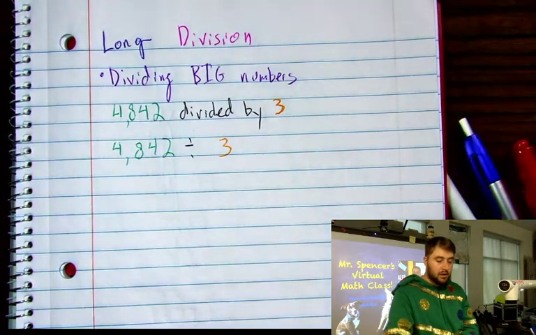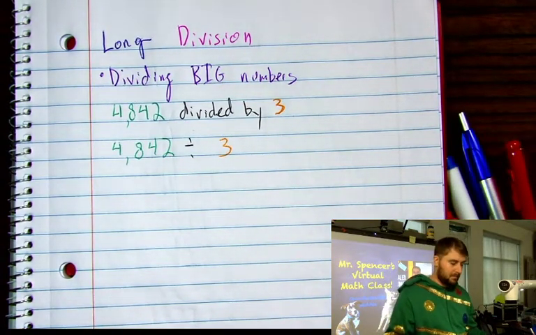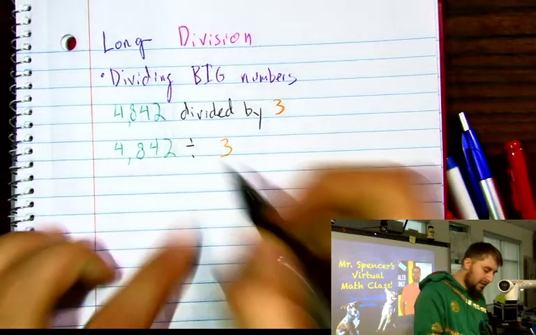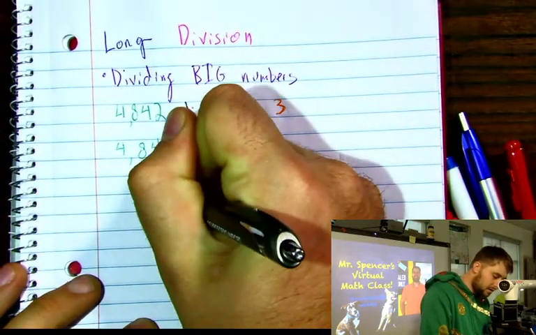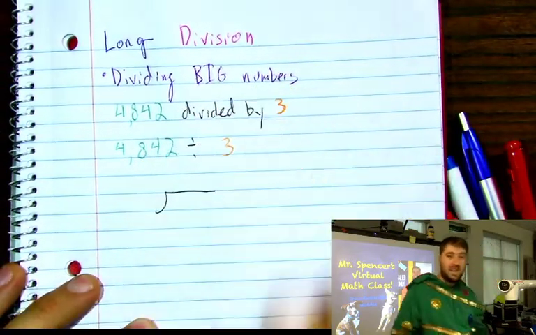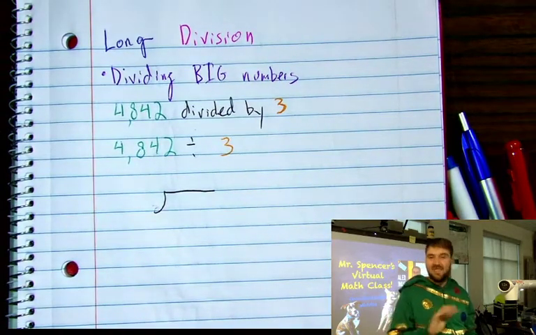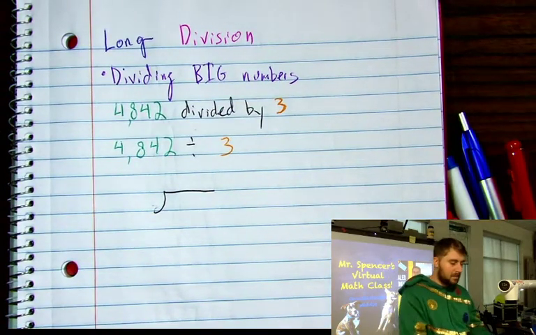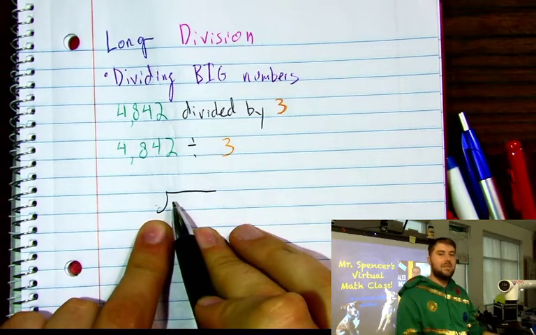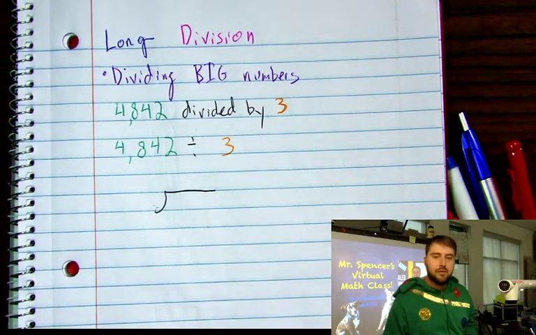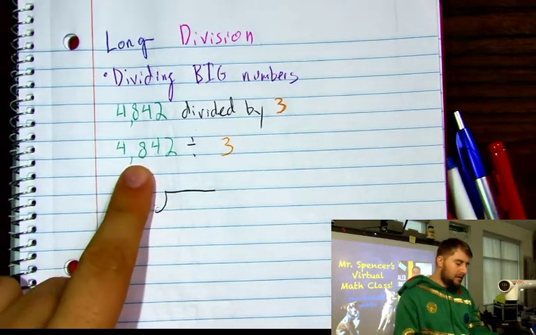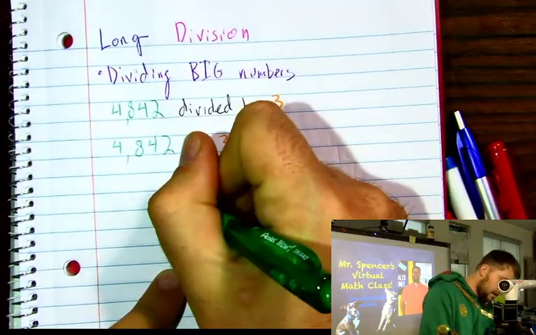Now when we are doing our long division, in order to solve this problem, we're going to take our division symbol and we're going to turn it into this right here. Now you may have seen this before. If you haven't, don't worry, we're going to get there. But when we set this up, this is how we're able to use our algorithm for long division. Our first number goes inside right here.